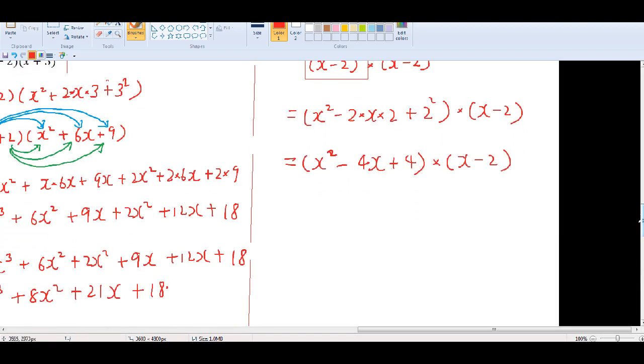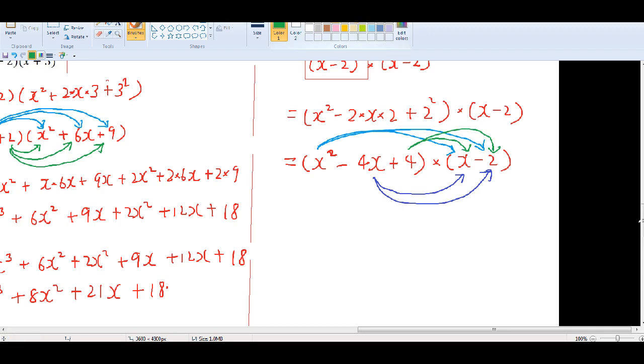Alright, and then after this, you multiply all the terms in the first bracket to all the terms in the second bracket.